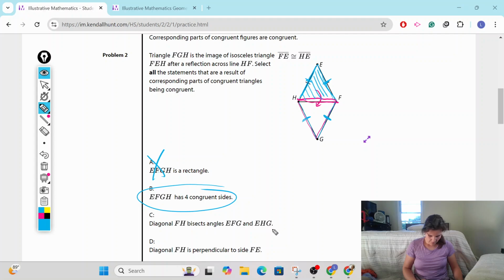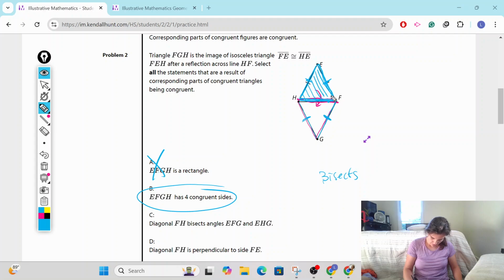Diagonal FH bisects EFG and EHG. We have to remember the word bisects means it's split into 2. And if we split something into 2, that means both sides are going to be the same. So I have to look at what's being bisected. We have diagonal FH, which is right here, bisecting angle EFG.